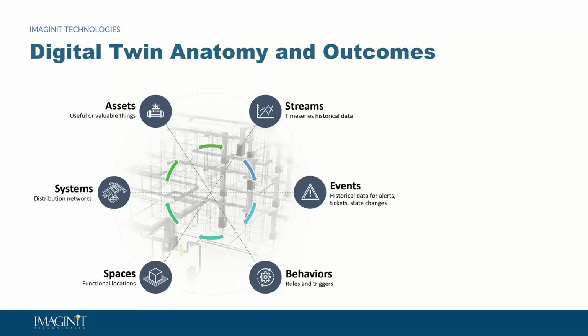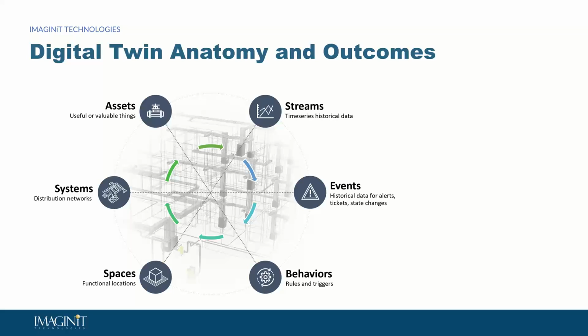And with that in mind, what are some of the key points and concepts about digital twins that can help us achieve these desirable outcomes? Well, if we think about it at a high level, assets. We want to understand how our assets are operating with streams of information that are reporting on dashboards, things like that. That kind of information is what's going to allow us to be proactive, and when there are milestones or events that are occurring, we want to be able to meet those events and be prepared for what may occur.